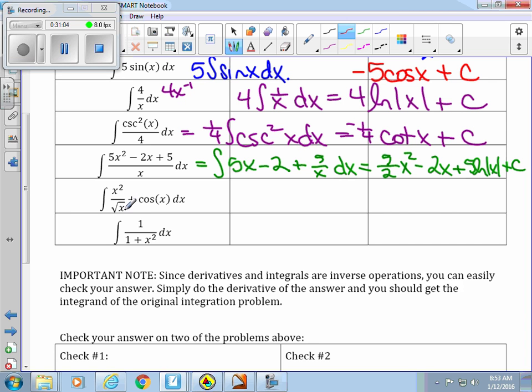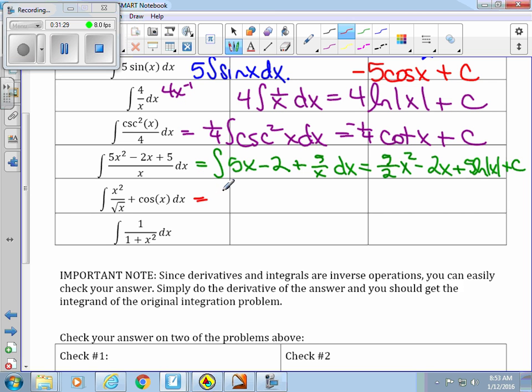Can I simplify x squared divided by the square root of x? Okay, this is x to the 1/2 power. Would you agree? Can I subtract exponents and get a single x? So x squared divided by x to the 1/2.